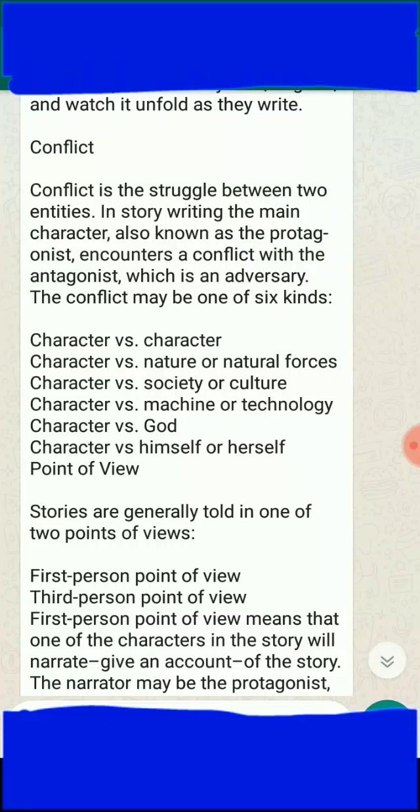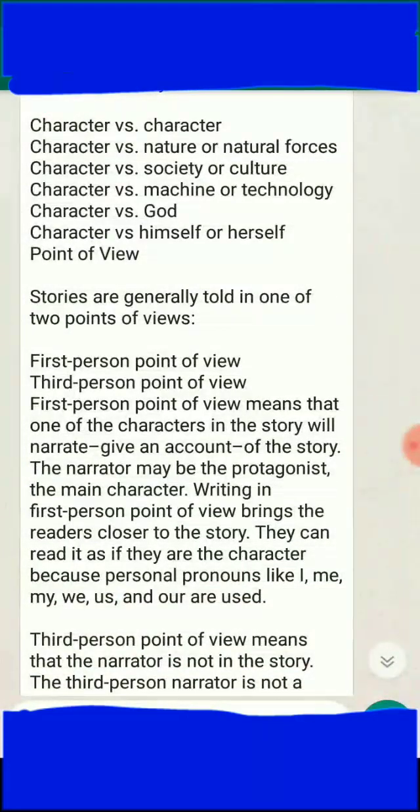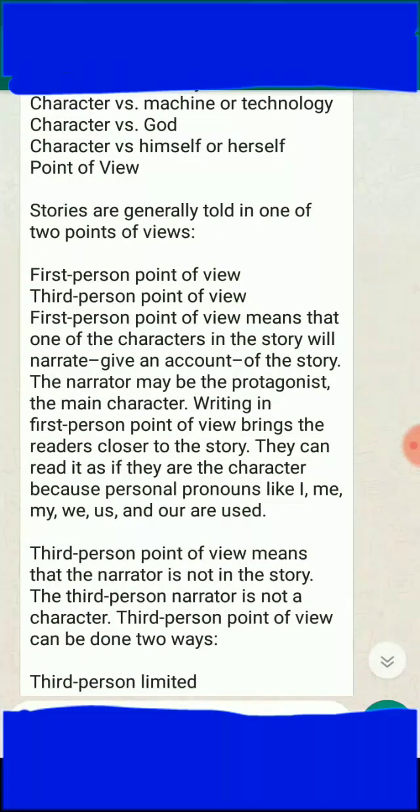Point of view. Stories are generally told in one of two points of view: first person point of view, third person point of view. First person point of view means that one of the characters in the story will narrate, giving an account of the story.